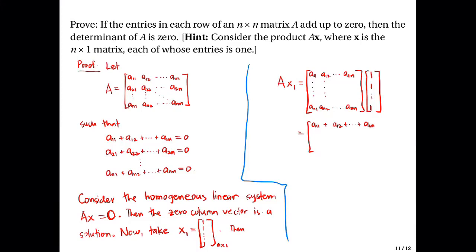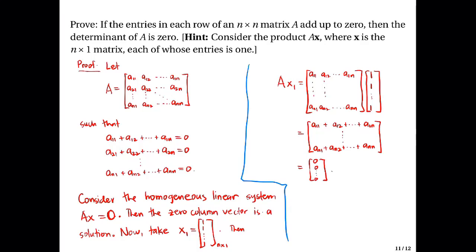Same is true with your second row here. And you continue that until the last row, you have An1 plus An2 plus until Ann. And notice, according to this, this is 0. This is also 0 here. And everything will be 0.